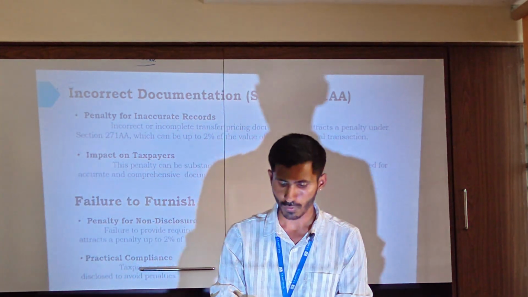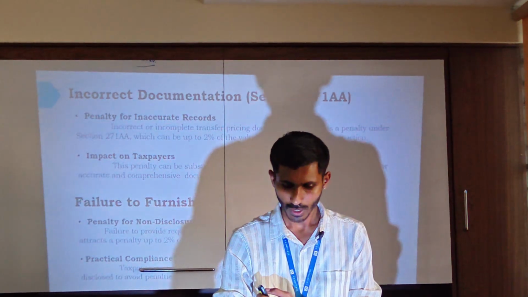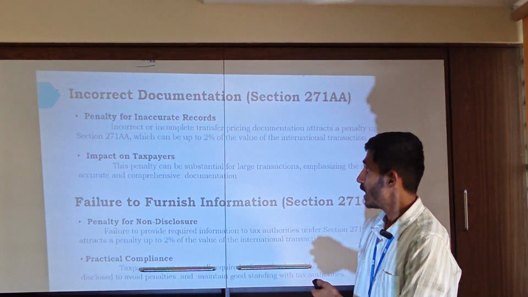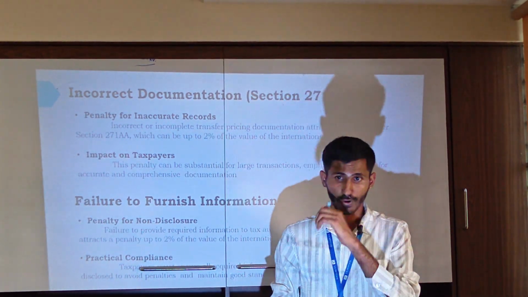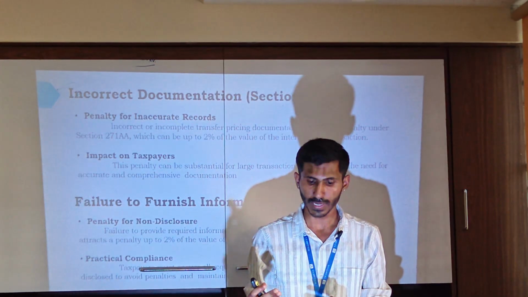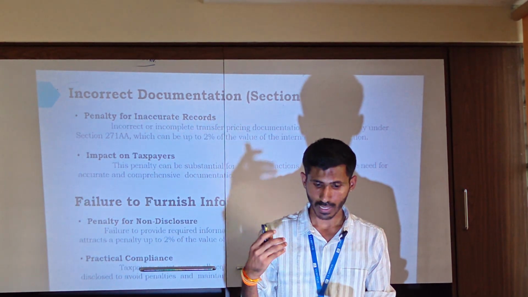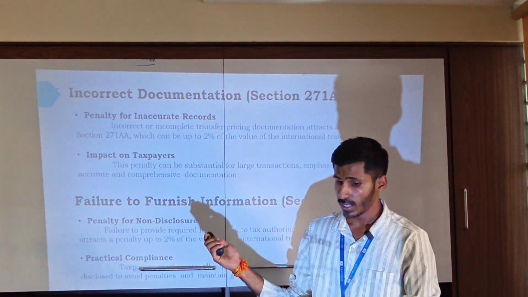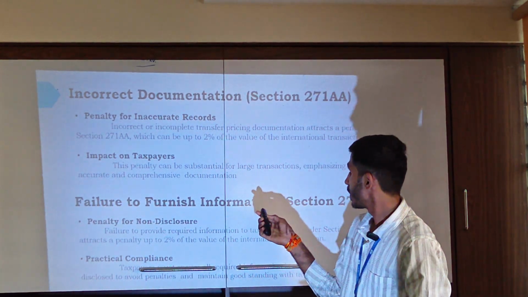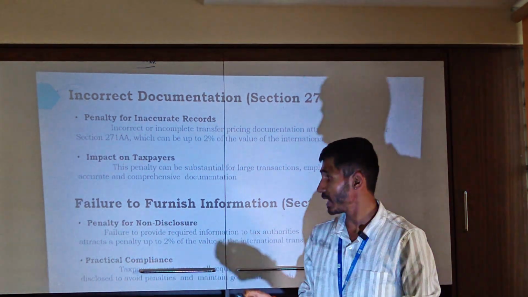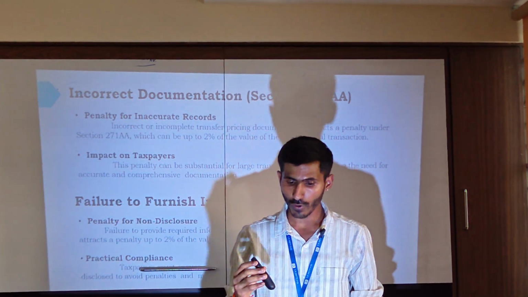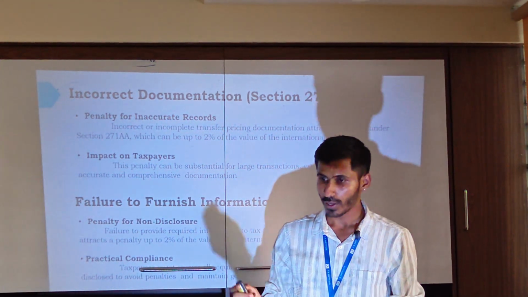Incorrect information. Now here we have not furnished the information before. Here, incorrect documentation. So there is an entity, for example X Limited and Y Limited. X Limited has given incorrect or incomplete transfer pricing documentation. It attracts a penalty under 271AA, 2% of the value of the international transaction.